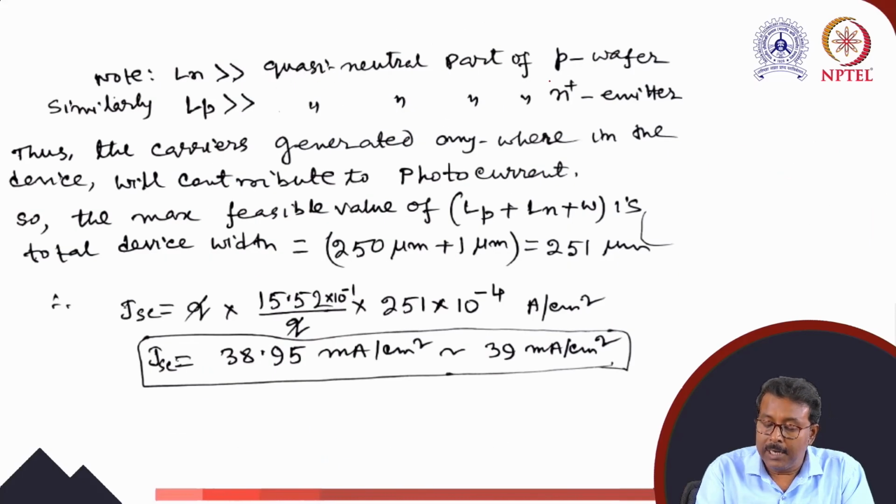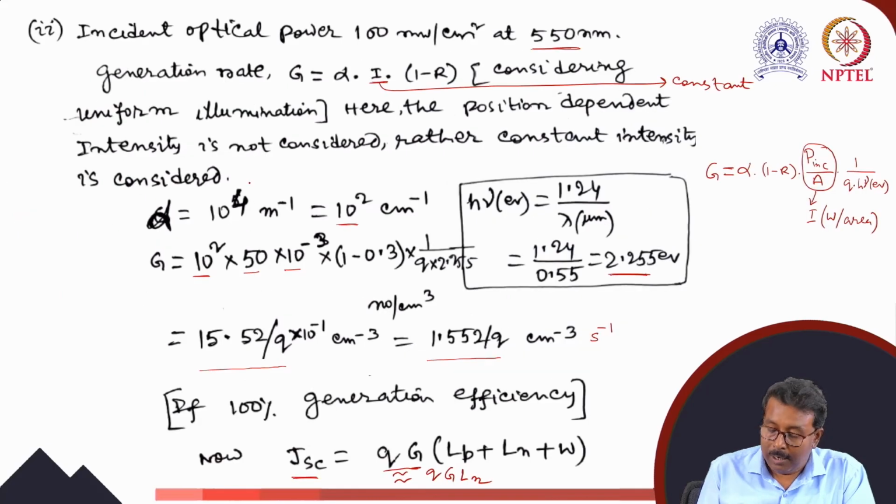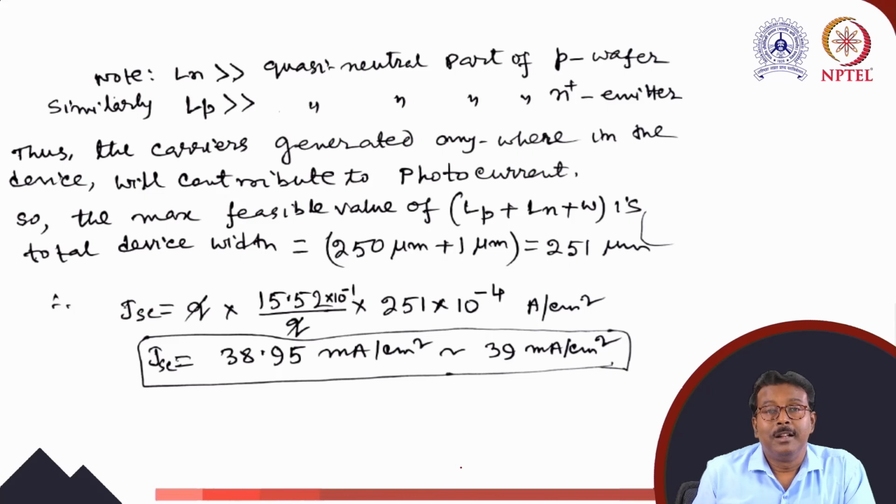Ln must be greater than the quasi-neutral part. Similarly, Lp is much greater than the quasi-neutral part in the n plus emitter. But in the formula of JSC, you cannot put the Ln, because the feasible value of Ln is the width of the device. If the device is not present up to Ln, what is the need of using this value to calculate the JSC?